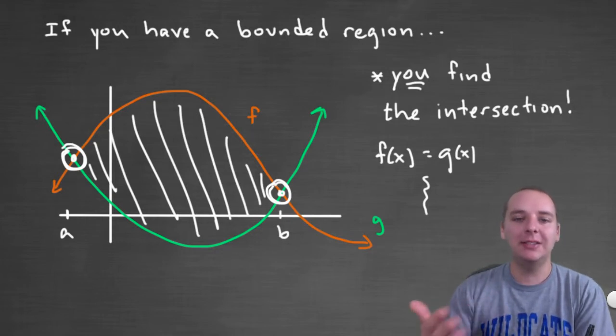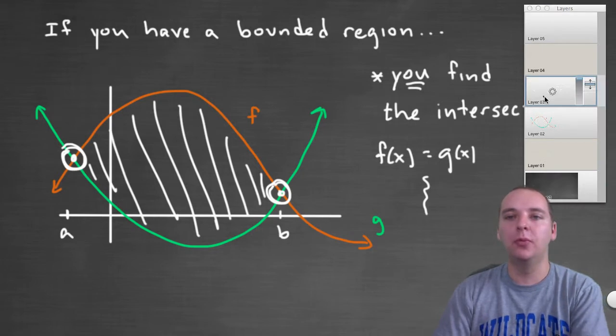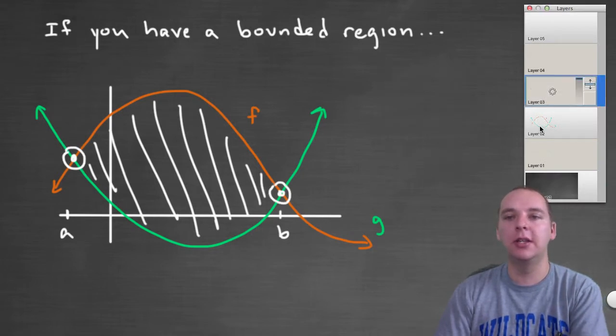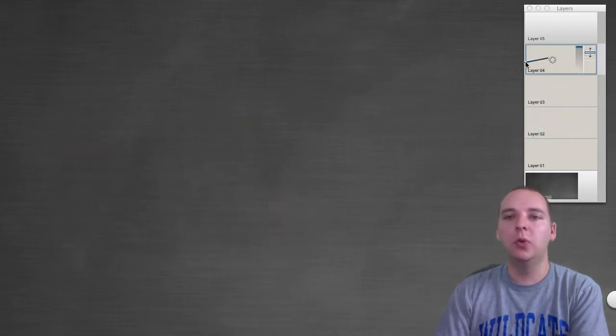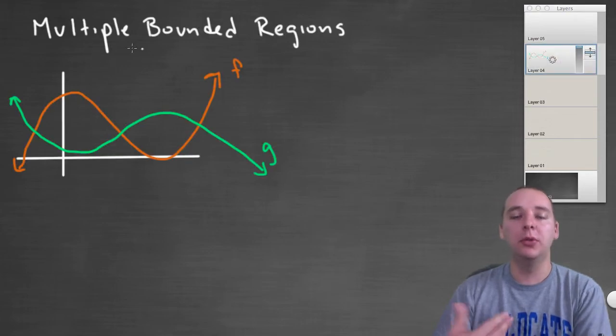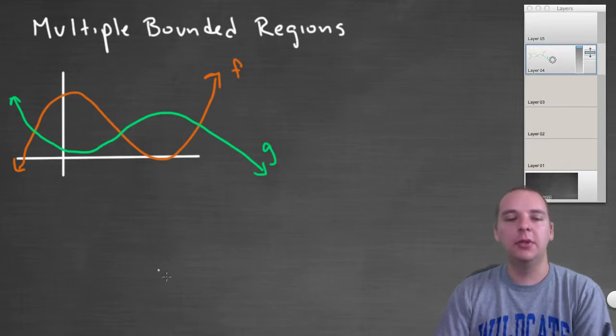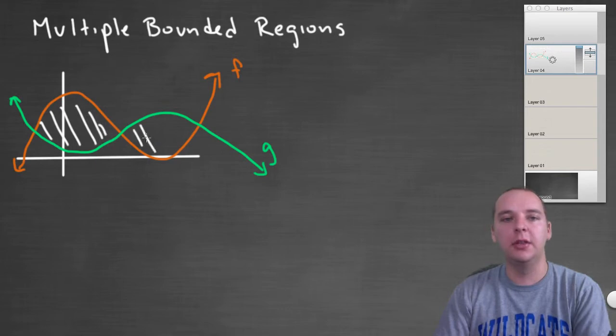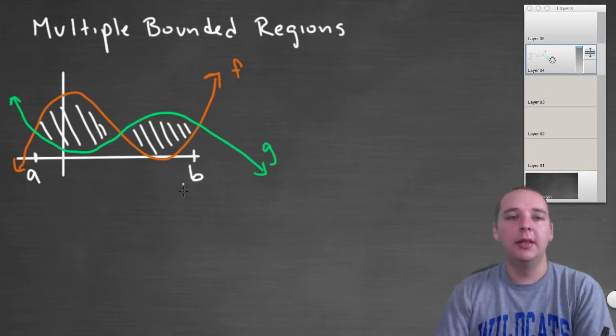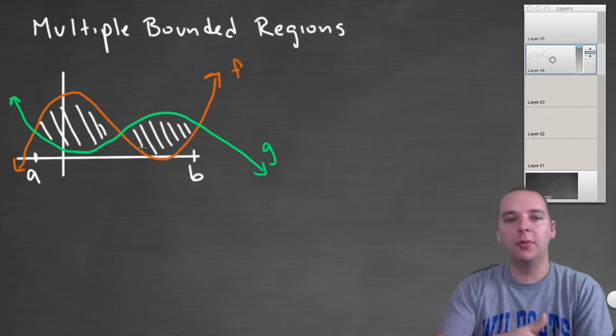All right, and the last typical wrench that you'll see thrown into these problems is, what if there are actually multiple bounded regions? This is very common as well. If you look at an example like this, you see the region they're looking for here. If we call this a and this b, I might just do the integral from a to b.